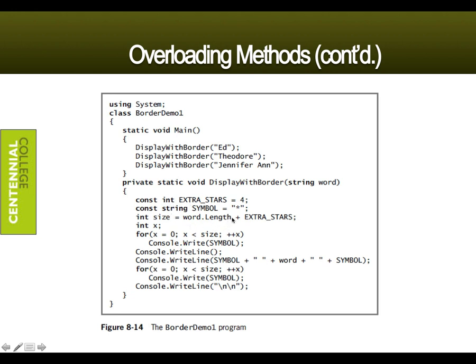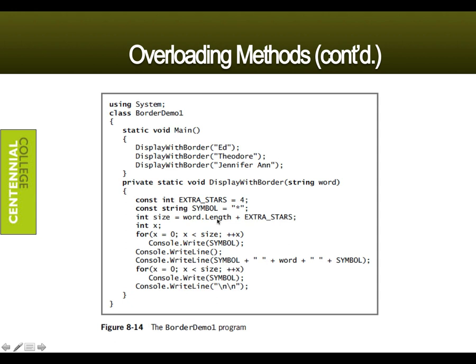When you're using the length method of the word variable, which is coming in through our parameter list here, remember, strings have different methods. They're complex data types, not simple variables. A string has methods like length, and what length does is measure how many characters are in the string.